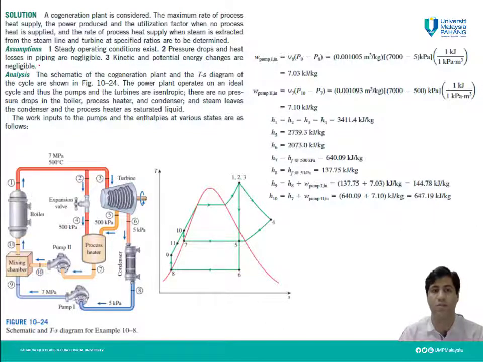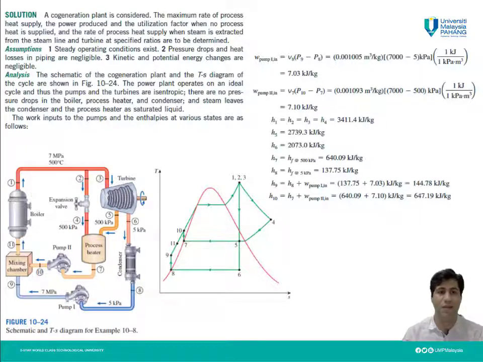So with these assumptions, let's analyze the question. The schematic of the cogeneration plant is shown here and also its TS diagram. The power plant operates on an ideal cycle, and thus the pumps and turbine are isentropic. Pump means we have to pump in the cycle, pump 1 and pump 2, and you can see the process for the pump.